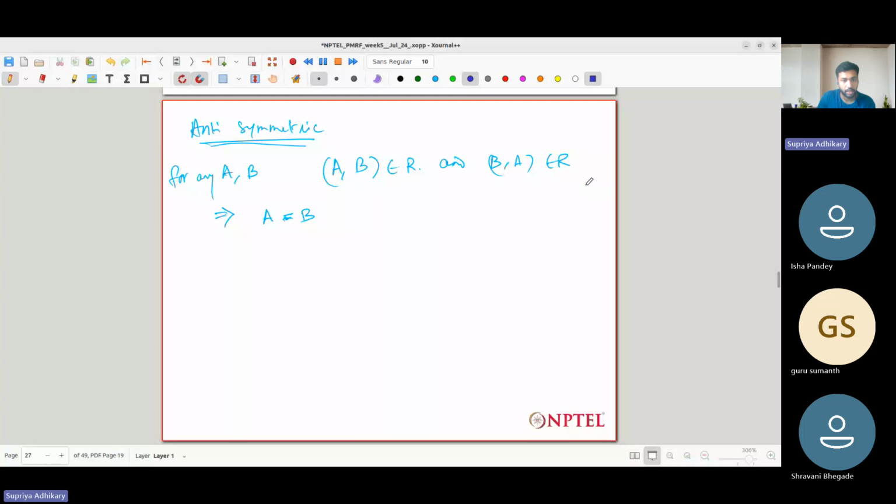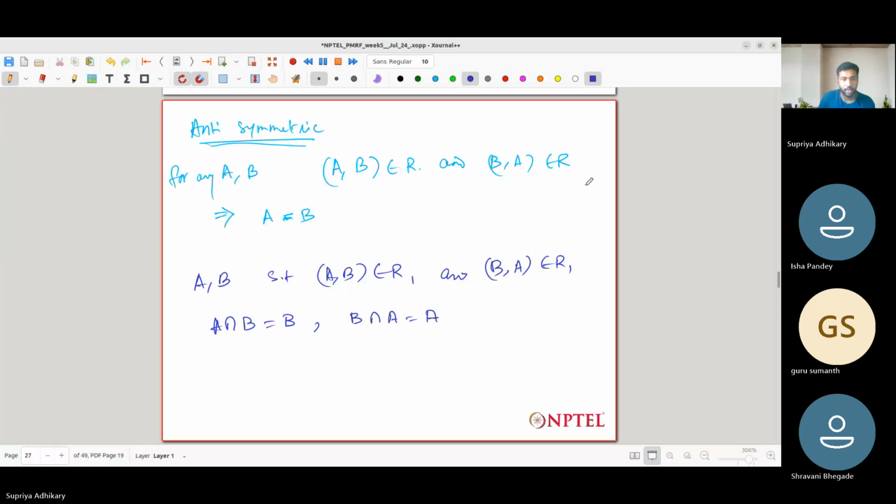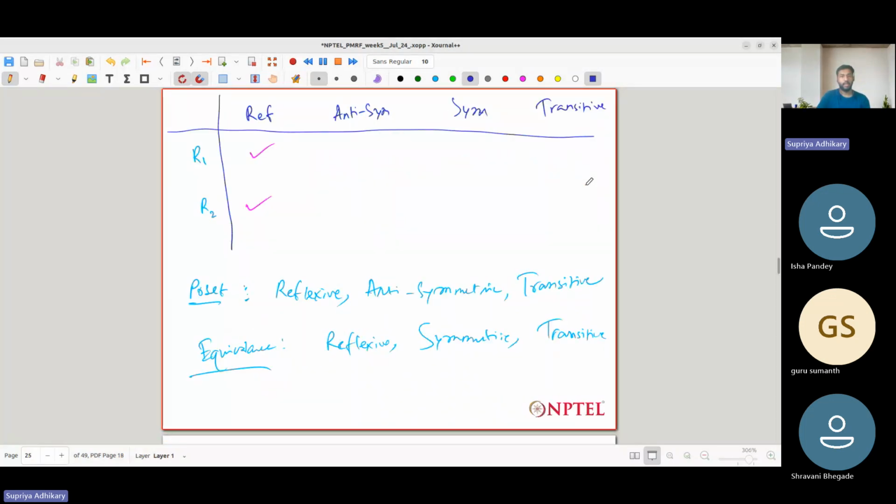For R1, we consider two sets A and B such that AB belongs to R1 and BA belongs to R1. AB belongs to R1 means that A intersection B is equal to B, and similarly B intersection A is equal to A. Now A intersection B is equal to B intersection A. So from there we can conclude that A is equal to B. So R1 is definitely antisymmetric.